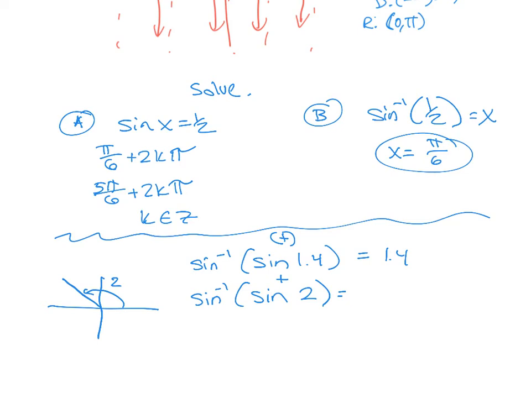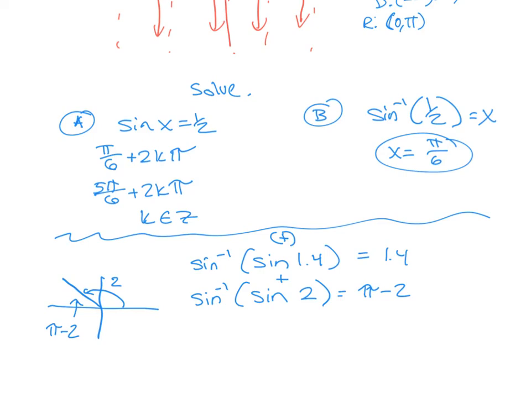Well, I can't just say 2 then, because that is not a quadrant 1 angle. That's out of the range of negative pi over 2 to pi over 2. So what is the quadrant 1 angle associated with 2? Well, let's go back to our picture here. The quadrant 1 angle is going to be this angle that's formed, which is going to be pi minus 2. So inverse sine of 2 then is going to be equal to pi minus 2.